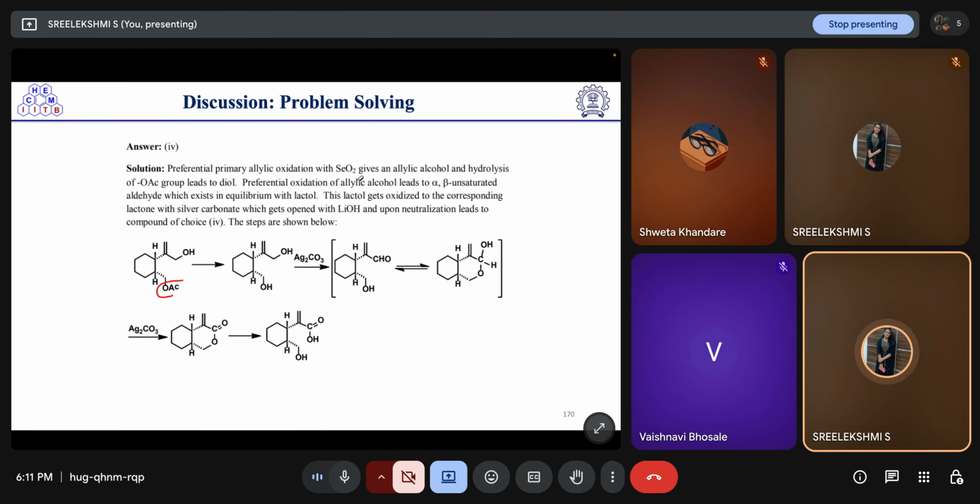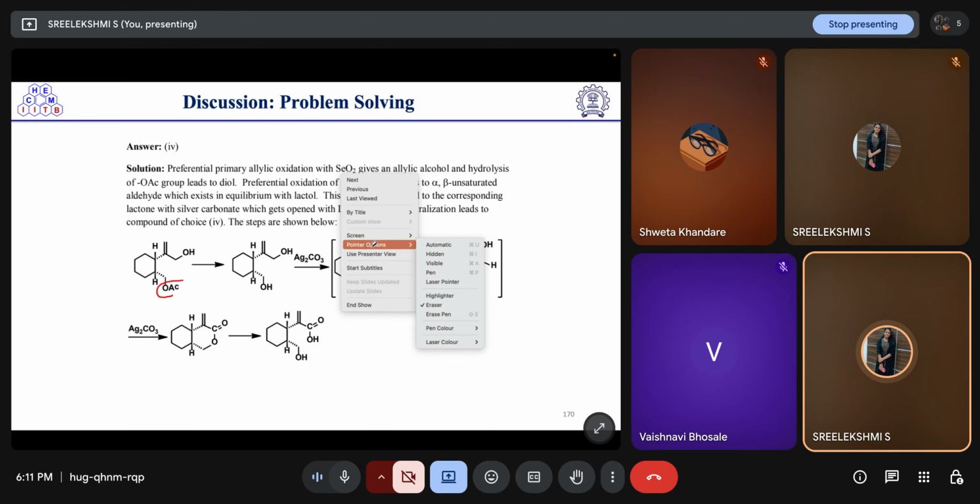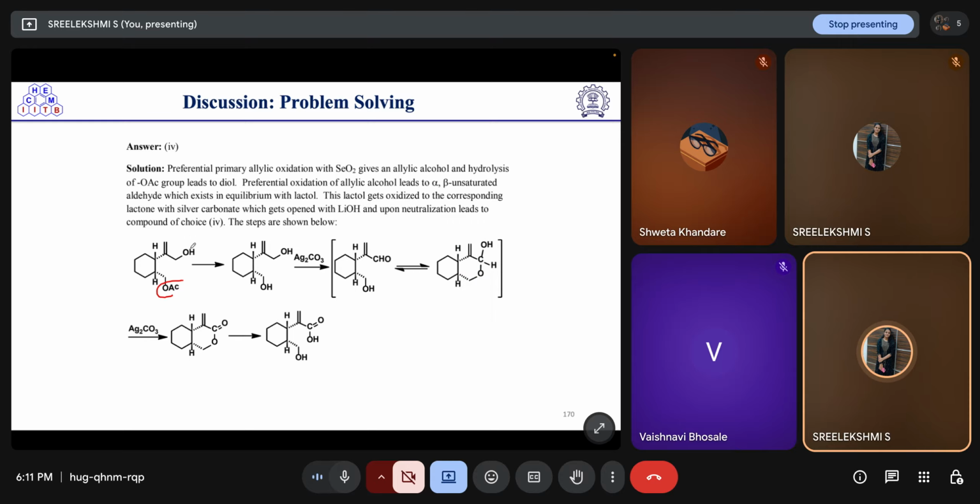So the first step is selenium dioxide. In that condition, what is happening? We know allylic oxidation will take place with selenium dioxide. So this allylic alcohol will be oxidized into the corresponding.